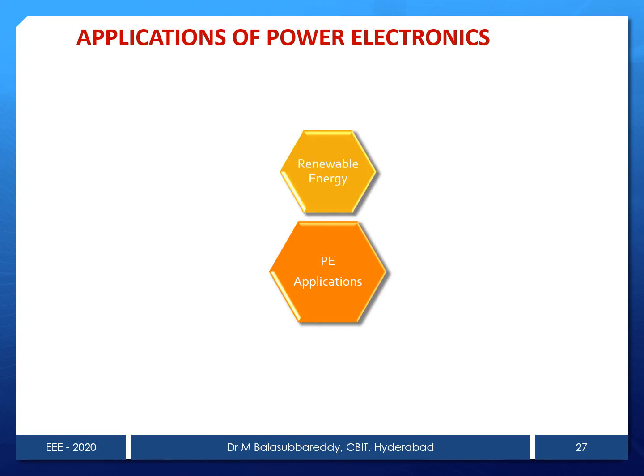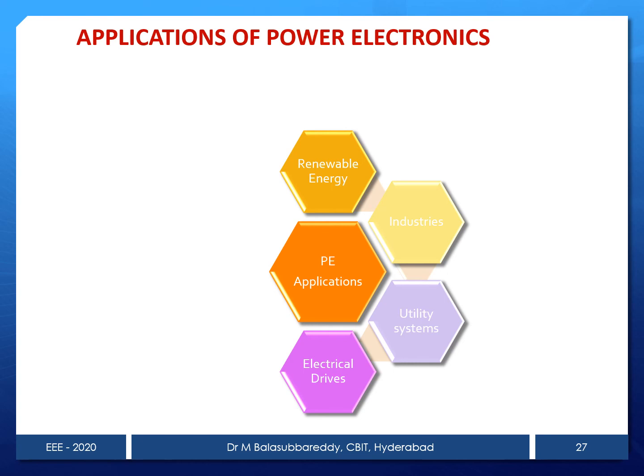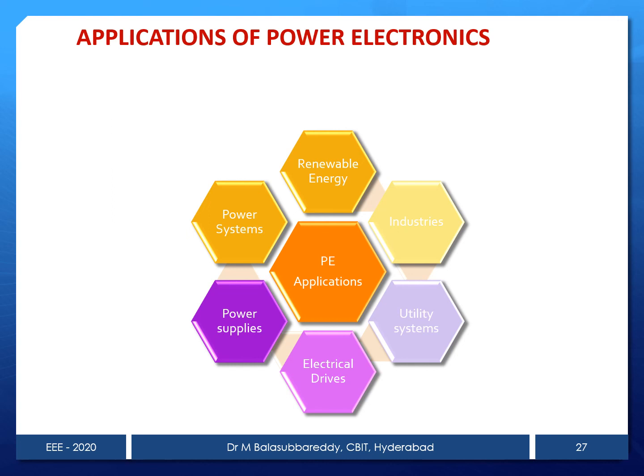There are different applications: renewable energy, industrial applications, utility systems, and electrical drives. It may be an AC drive or a DC drive, both are possible. Then there are power supplies, the regulated power supplies, RPS and all. In power systems, HVDC and FACTS controllers.